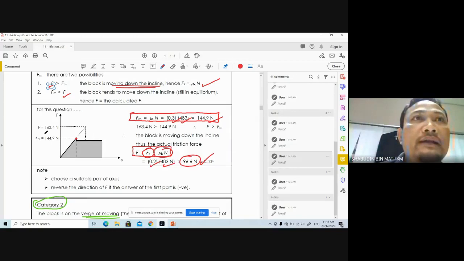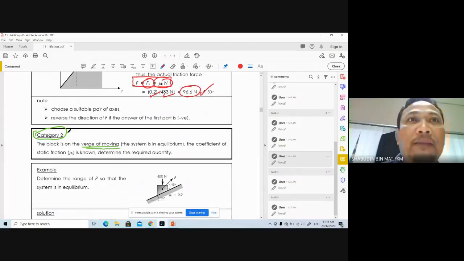The force that you get at the beginning is either greater or less than the maximum force. If it is greater, the object is in motion. If it is less, the object is still in equilibrium.